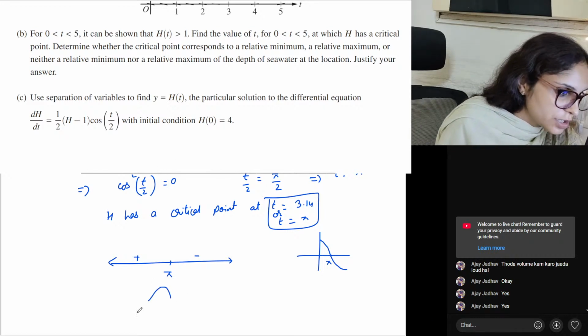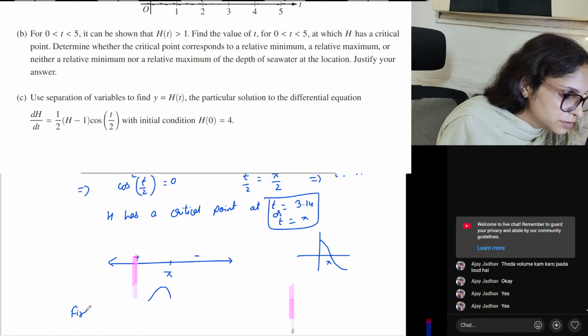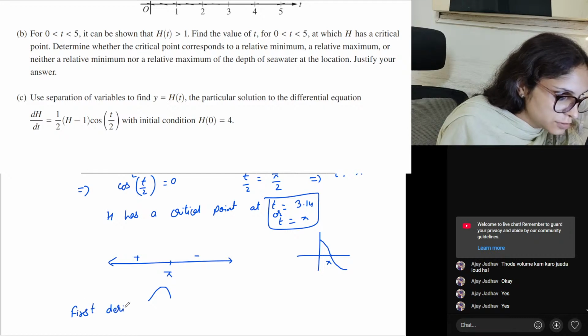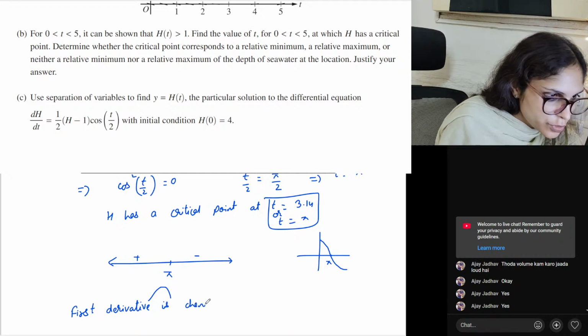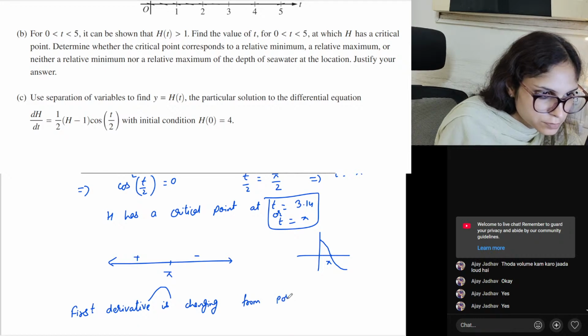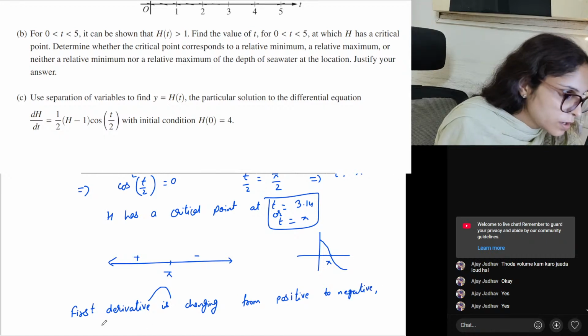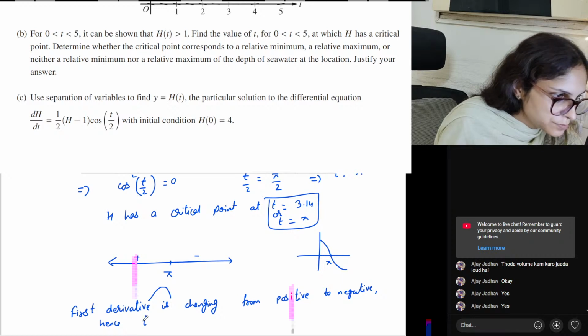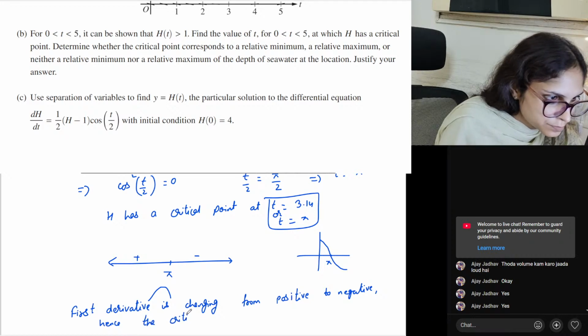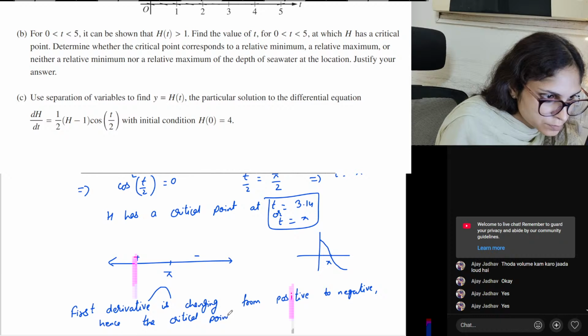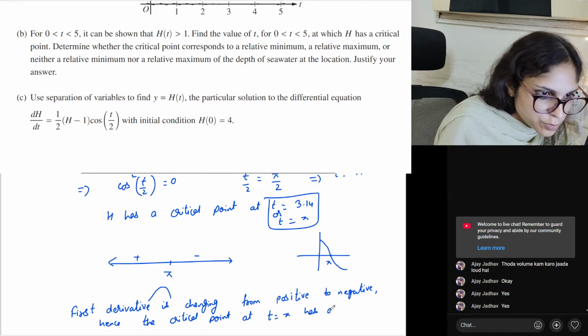This is how the function will look. First derivative is changing from positive to negative. Hence, the critical point at t is equal to pi has a relative maximum.